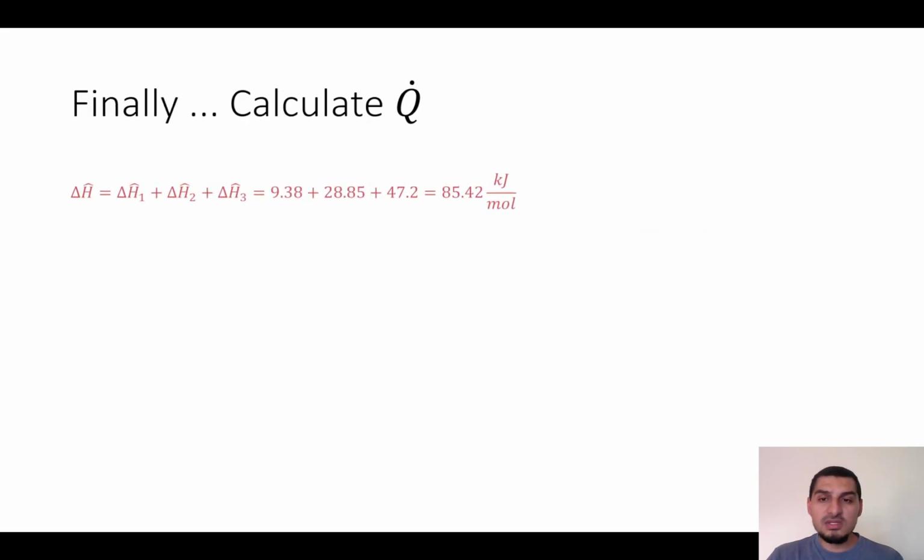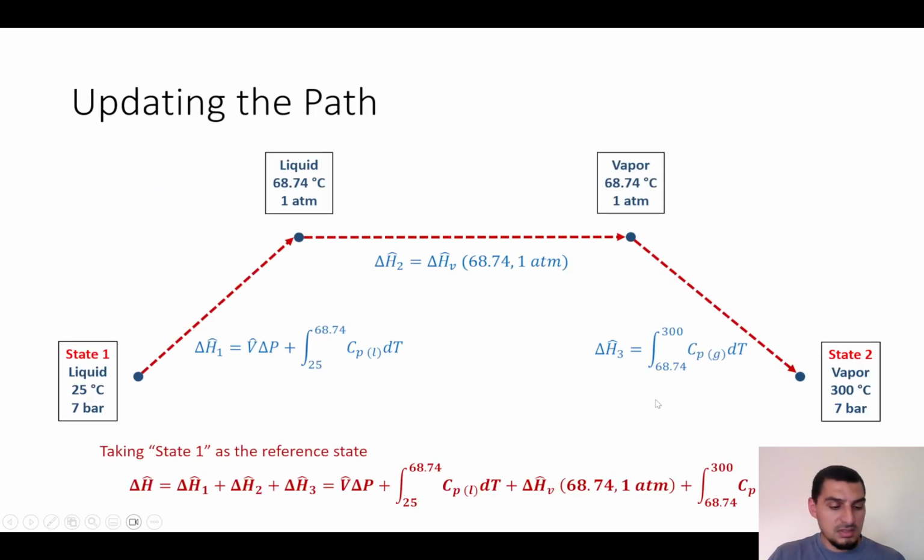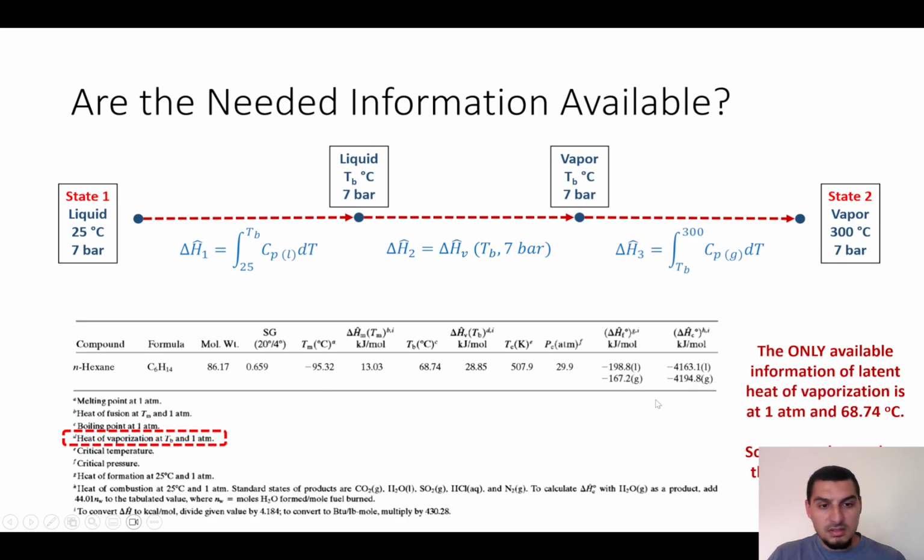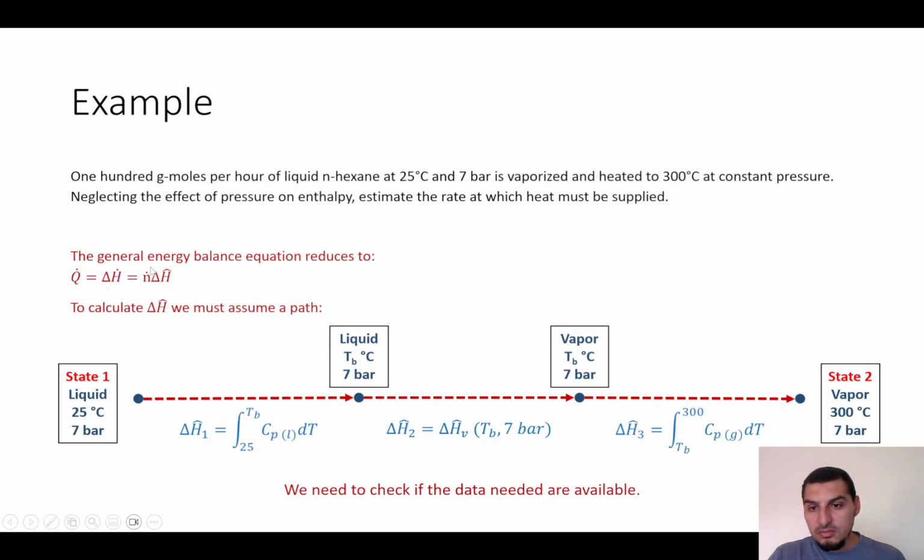Finally, what we need to do is to add the 3 terms together and calculate the sum. And don't forget, this is something very common, that you forget why you are doing all of this. We are doing all of this because we need to put a number here. This is all we need to do.